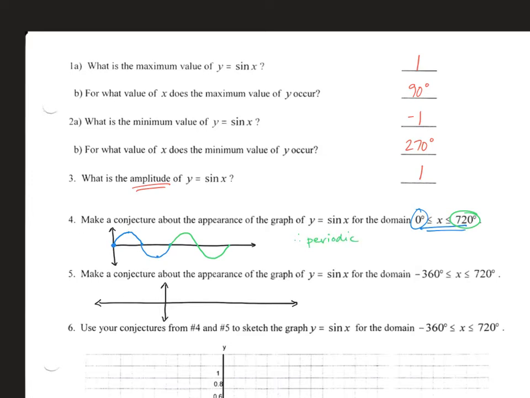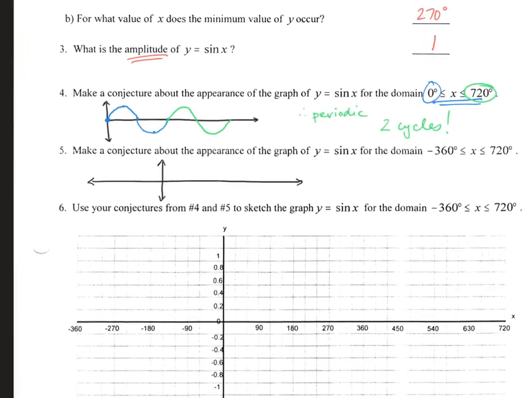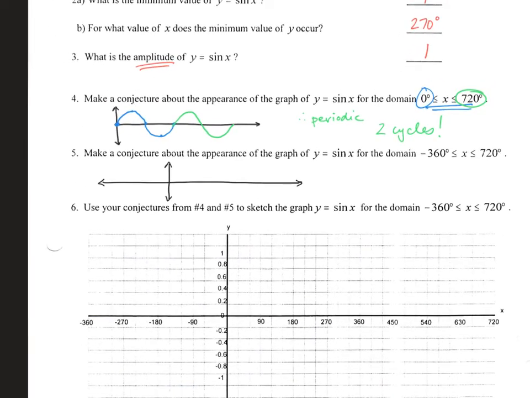What do we then have? We have 2 cycles. So I think everybody should be able to go through and make a conjecture about what the graph would look like for the domain in problem 5. Now we're going all the way to negative 360 and up to 720.